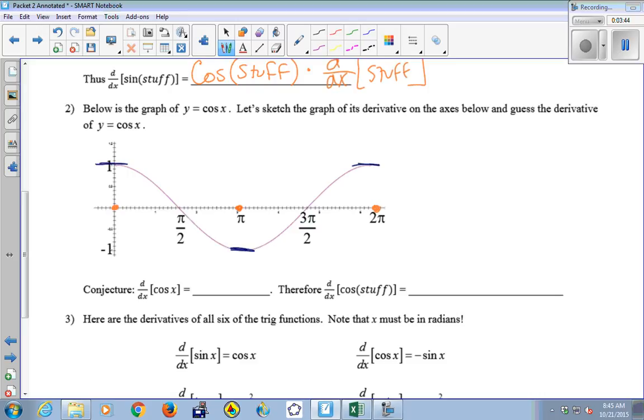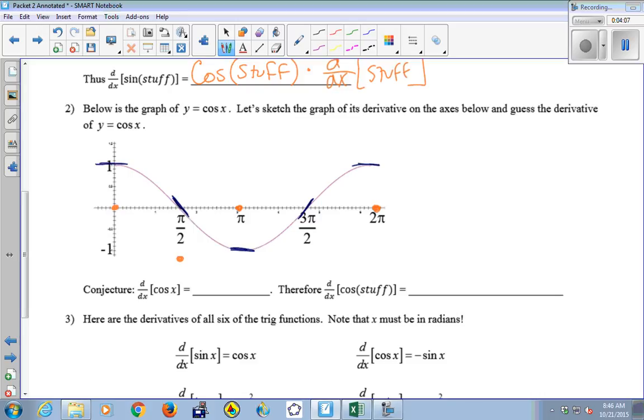Okay. All right, and then I'm going to look at a couple of other spots. Right here where it's the steepest negatively, and right here where it's the steepest positively. Okay. Looking at this tangent line at pi over 2, what does its slope look like approximately? -1. So at pi over 2, I plot a -1.